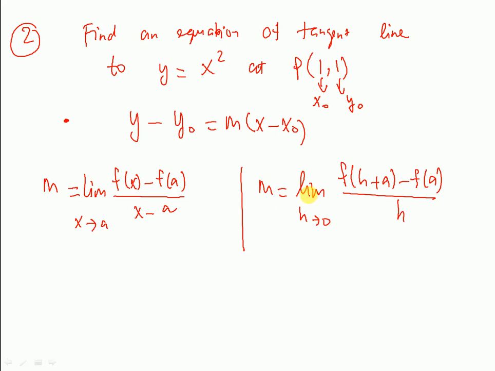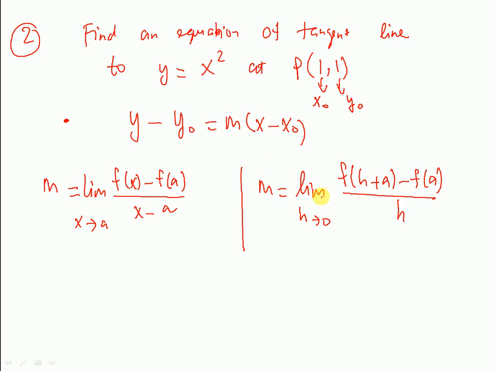If you use the h one, make sure you have h go to 0 and divide by h. Or you can use the other formula: f of x minus f of a over x minus a, with x going to a. So I can use either of these two formulas to find the slope for this function at this point, which gives you the slope of the tangent line.